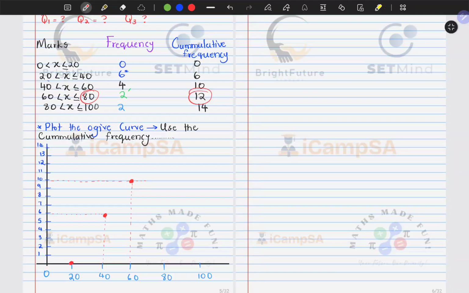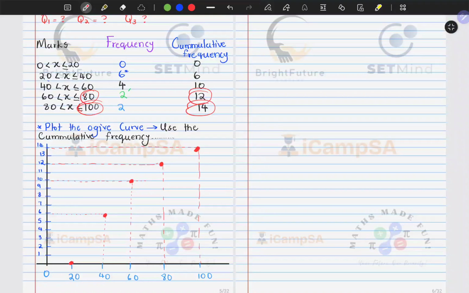At 80 we have 12, so 12 we put in that. Then at 100 we have 14, so that's the last one.